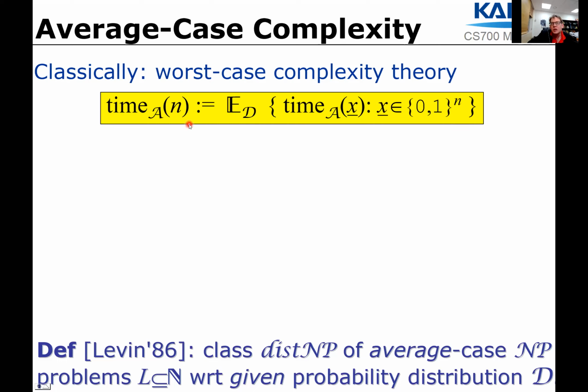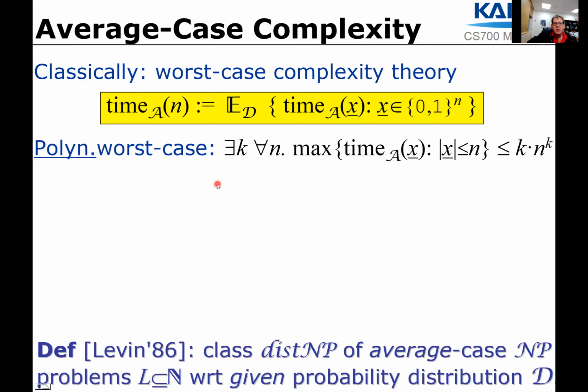But the question is, how could we define polynomial average case complexity? So this is a quantitative expected or average case runtime, but what is this polynomial average case runtime?